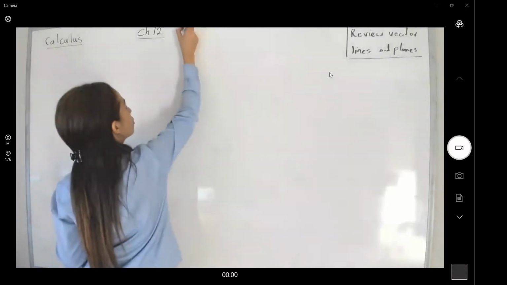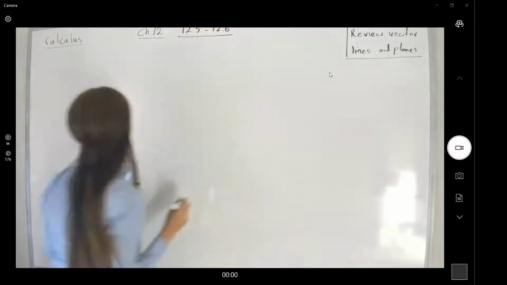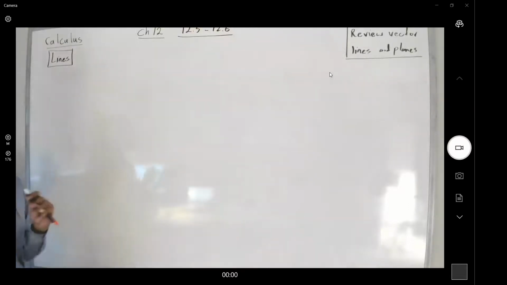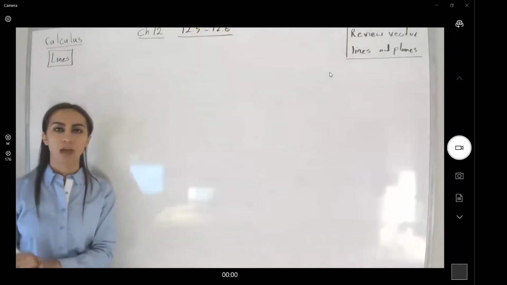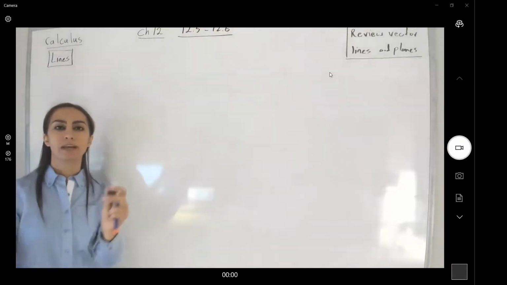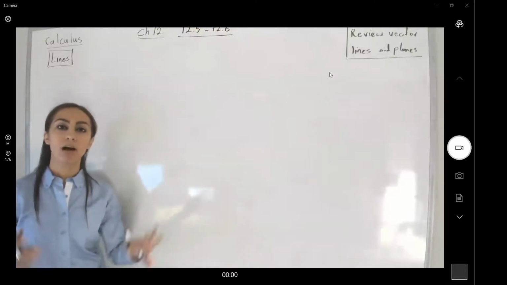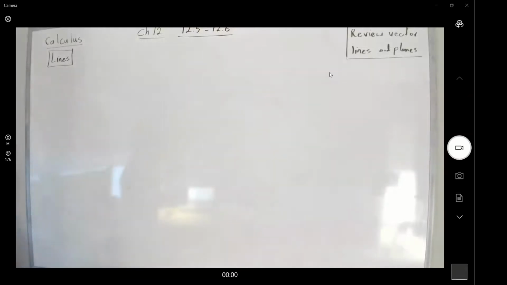So we're going to focus on lines first. How do we define lines in the space? We have different methods of defining lines in the space, depending on what information is given to us. Very well.